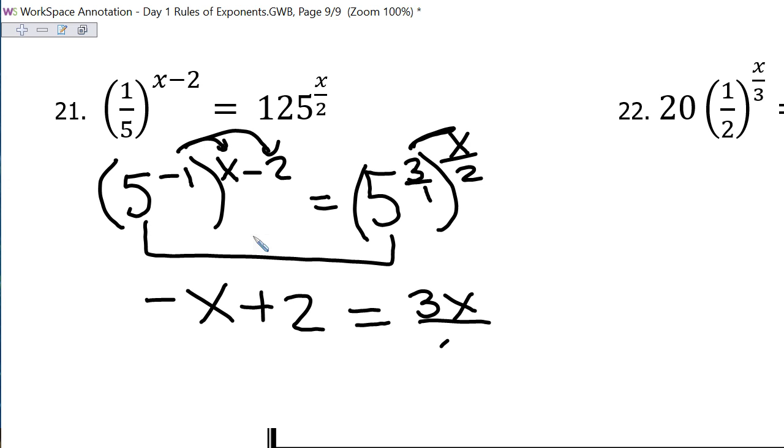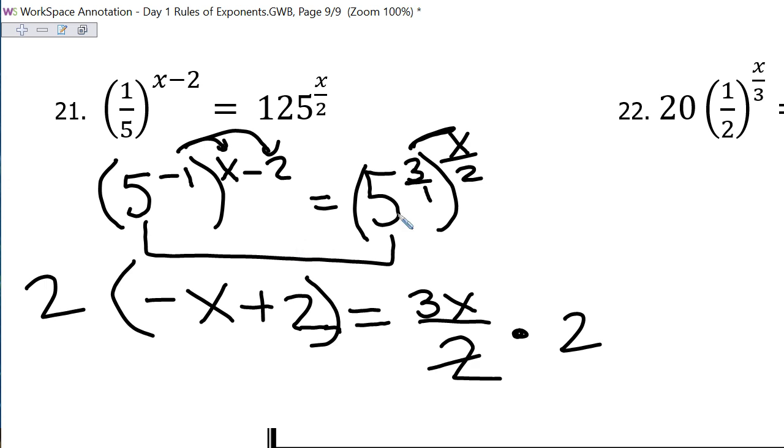How do I want to solve this? Do I want to do a proportion, or do I want to just divide 3x by 2? Yeah, we can multiply both sides by 2. So when I do that, we'll have to distribute the 2 over here. So it's 2 times negative x. Negative 2x, and 2 times 2?